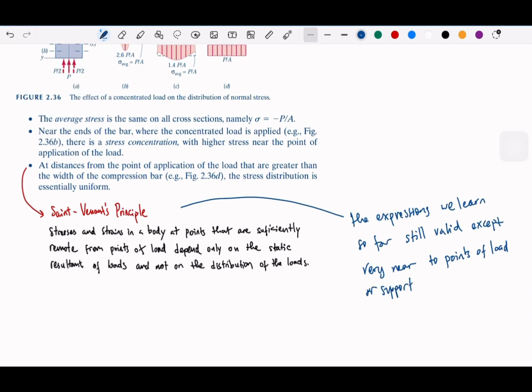It could be also support, or if there is a change in the cross section, or near a cross section that is abruptly changed. Okay.